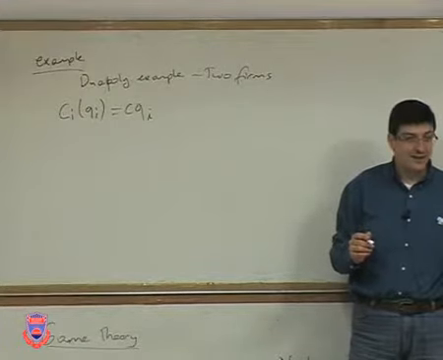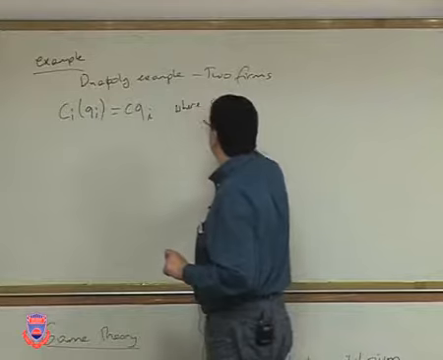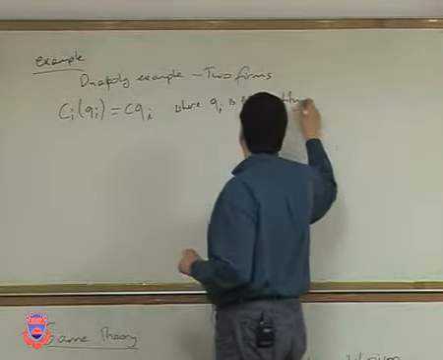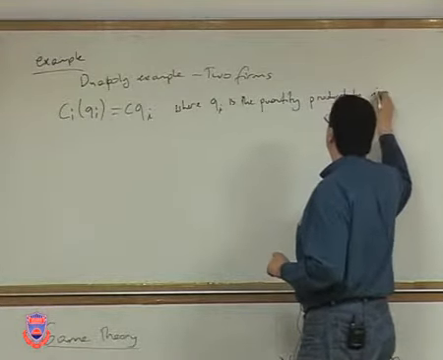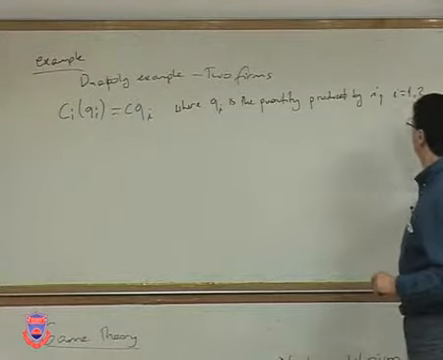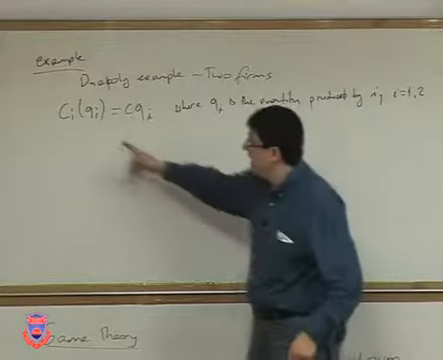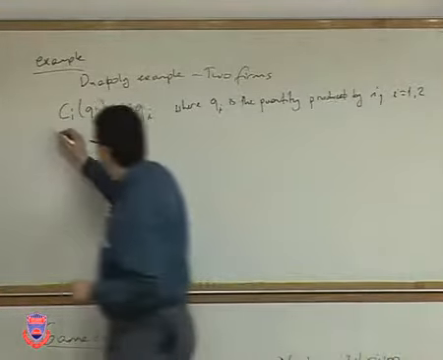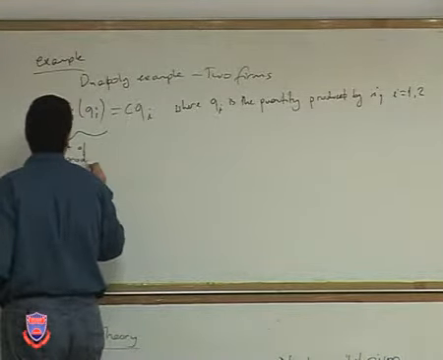Qi is the quantity produced by firm i, where i goes from 1 to 2, of course. And Ci of Qi is the cost of production.